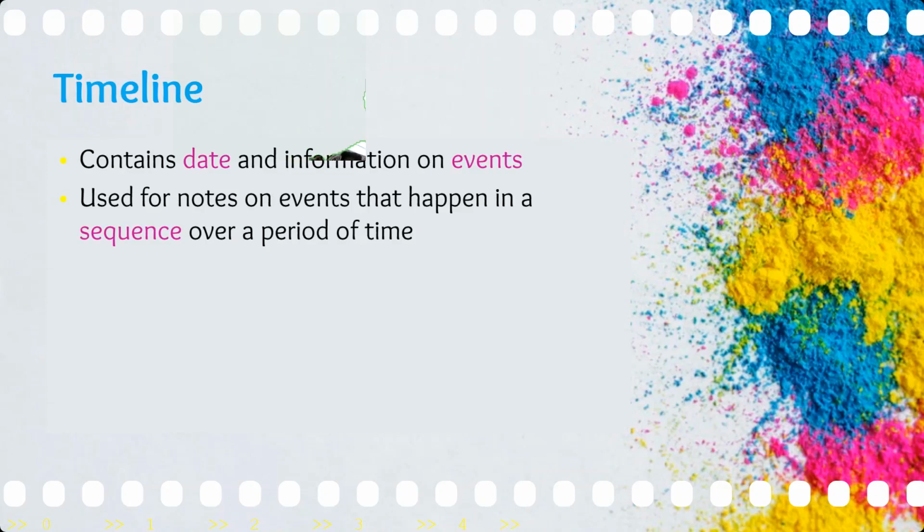They should be week 1, week 2, week 3, week 4, week 5. That is what I mean by date. And what happens during week 1, week 2, week 3, that is the kind of content that is suitable if you want to use timeline as your graphic organizer.